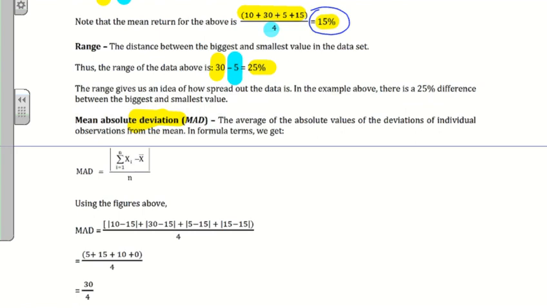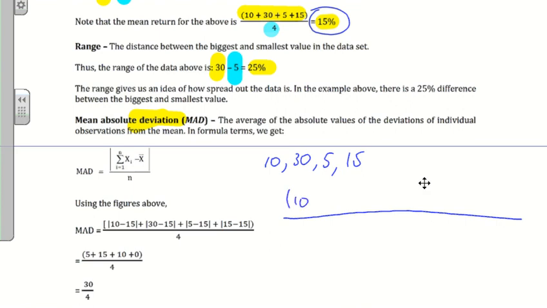Let's go for my very first one. Let's go back to the data. The data was 10%, 30%, 5%, and 15%. So what's my first deviation? Let's draw ourselves a nice long line, not so straight there. What's my first deviation?